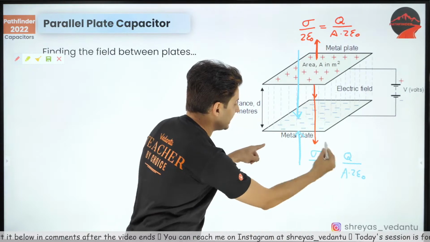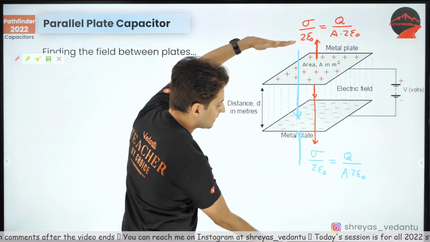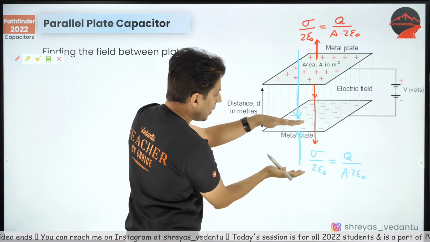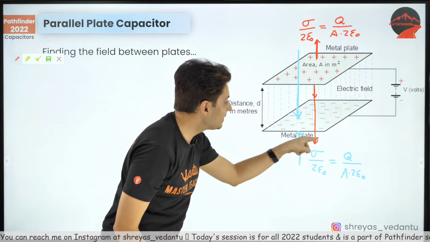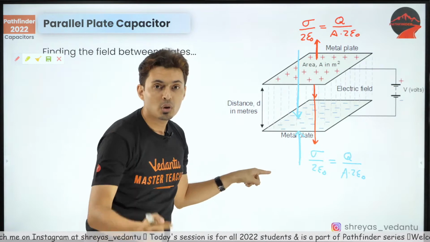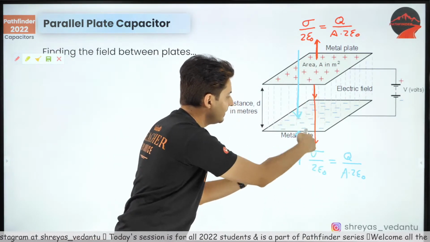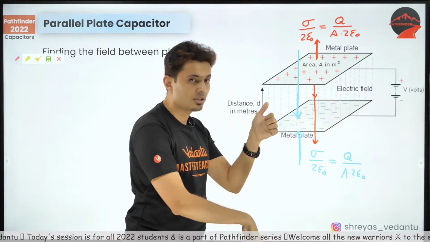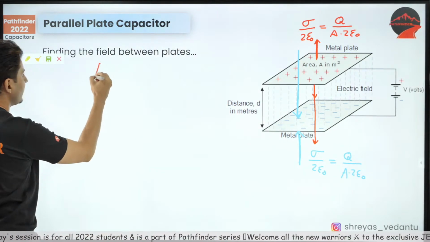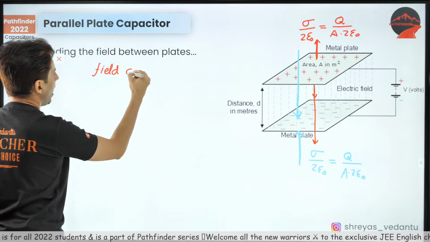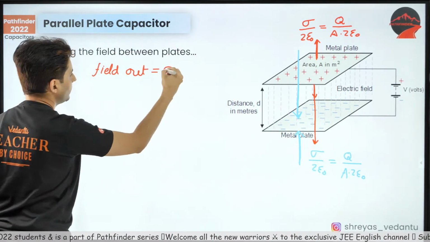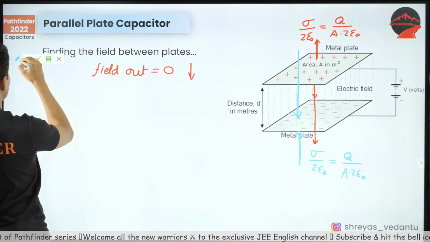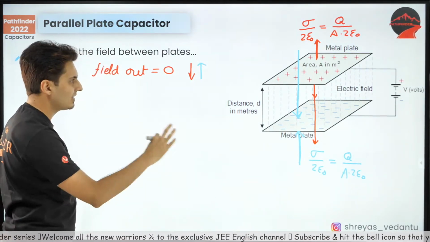If you are outside, either this way or this way, above this plate or below this plate, don't you see the field lines cancel each other? The red field line and the blue field line cancel, because magnitude wise they are the same, direction wise they are opposite. So can I say the field outside is 0 because the field which is down will cancel with the field which is up? They cancel.